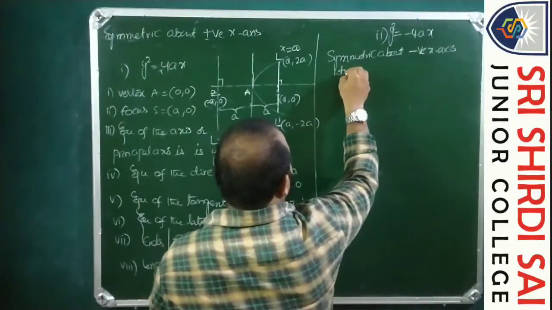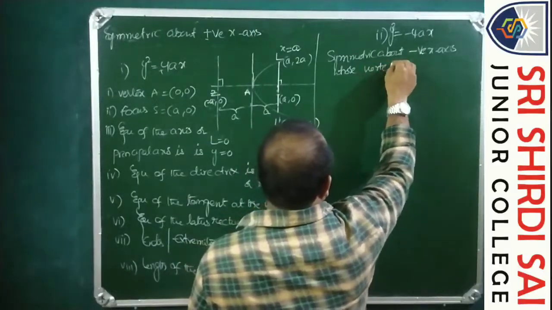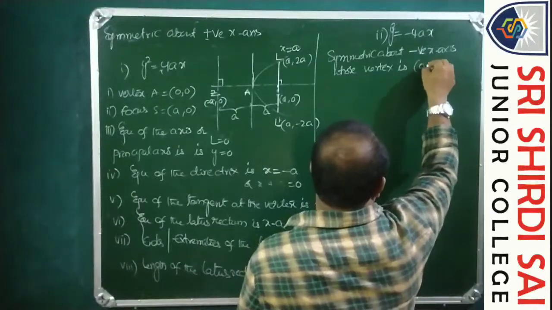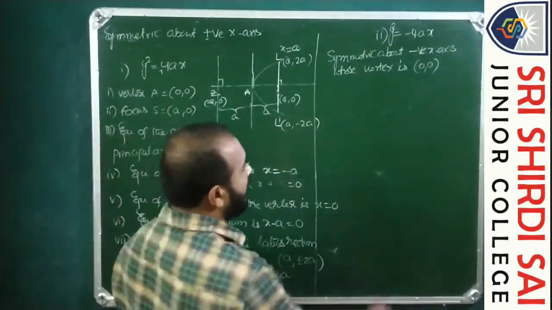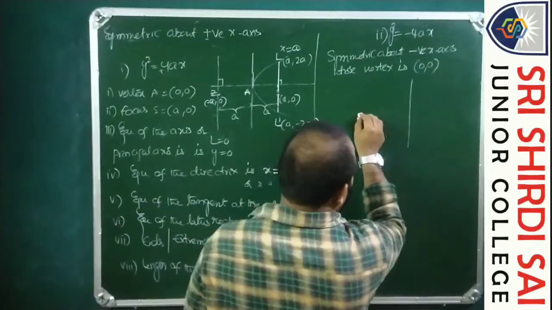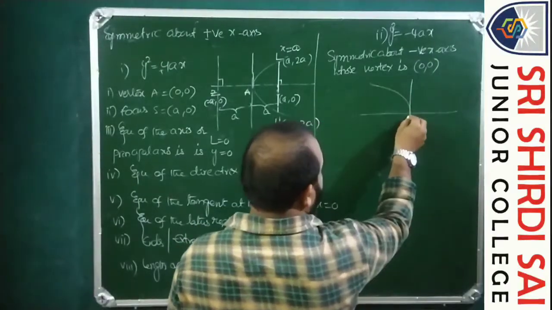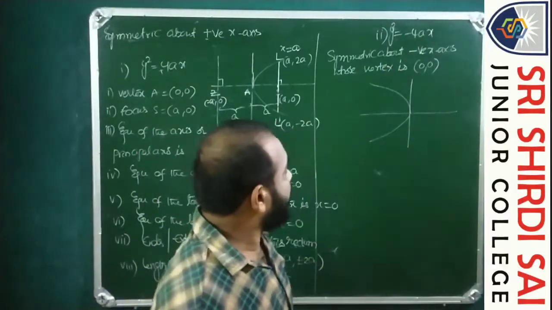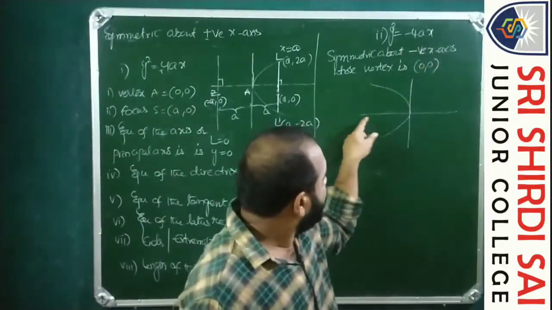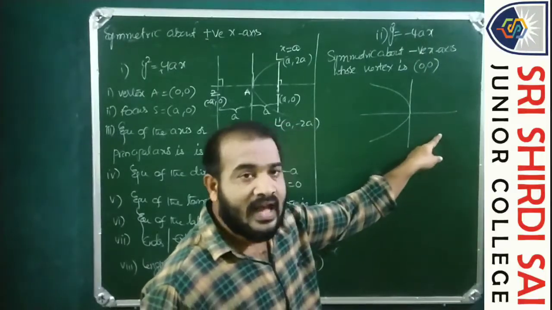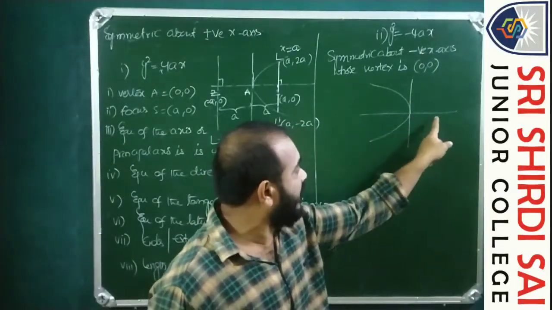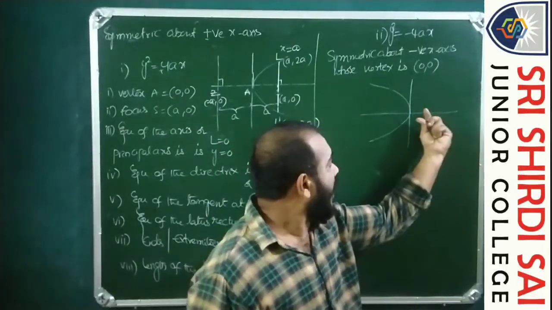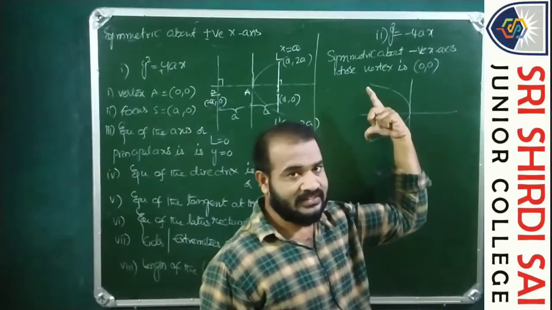Its vertex is also the origin. If you try to draw the diagram, it will be of this kind. This is the parabola y square equals minus 4ax. This parabola is symmetric about the x-axis, and it opens in the negative x direction.